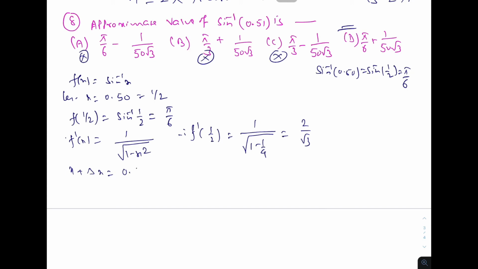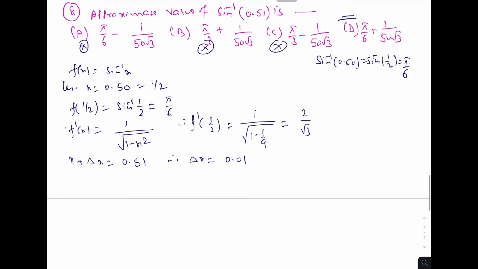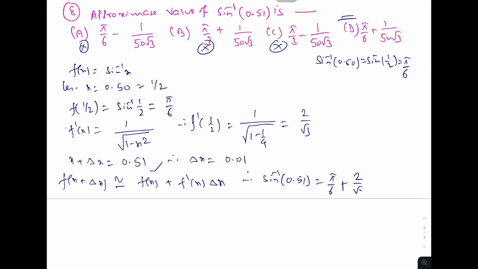x plus delta x is 0.51, and therefore delta x is 0.01. Then we know f of x plus delta x is approximately f(x) plus f dash x delta x, and therefore sine inverse 0.51 equals f(x), which is pi by 6, plus f dash x, which is 2 by root 3, times delta x, which is 1 by 100.